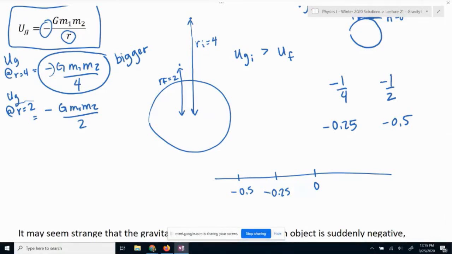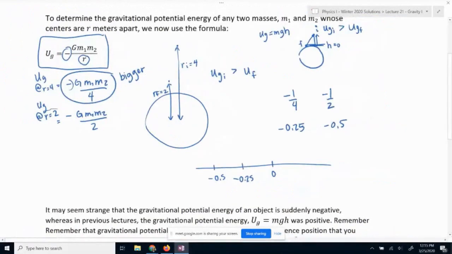Okay, so what's really important is to remember that negative sign because it's really easy to forget it. And also, if you're doing a conservation of energy problem, and let's say you have gravitational potential energy initially and finally, you have to use the same equation both times. So you can't use mgh initially because the object's close to the surface of the Earth, and then later, the object is far from the surface of the Earth, so now you use the negative GM1M2 over R equation.